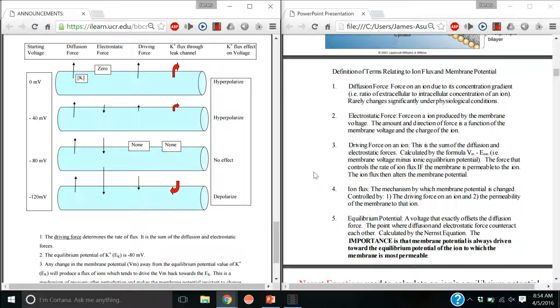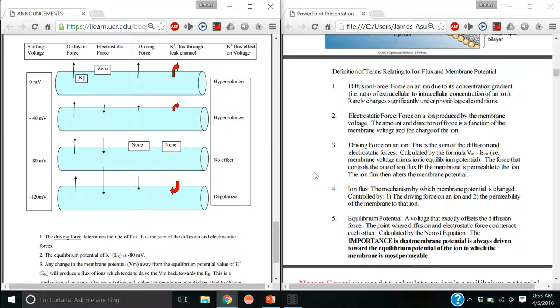So in this case, the driving force equals the diffusional force, so potassium flows out. All very straightforward. And so the result of potassium flowing out, back to the examples I showed you, is that the membrane potential, starting at 0 millivolts, because of the loss of this positively charged ion, will become more negative.